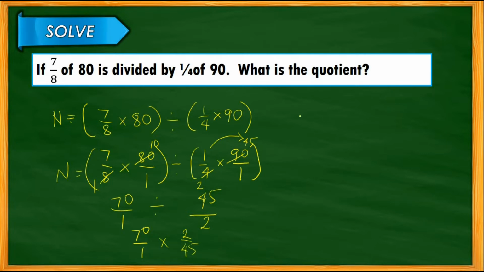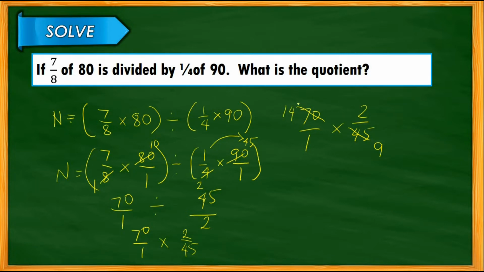So let's rewrite this one. 70 over 1 multiplied by 2 over 45. The common factor of 45 and 70 is 5. How many 5 in 45? We have 9. How many 5 in 70? We have 14.